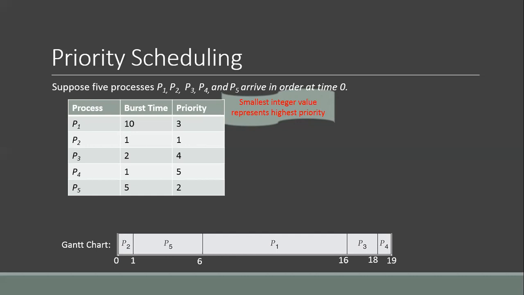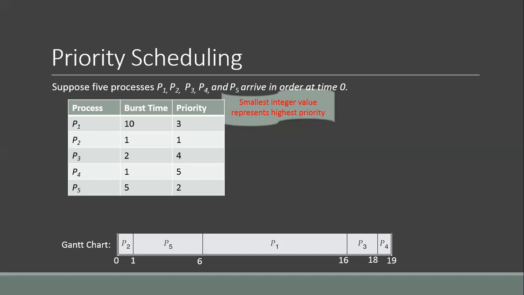Among these 5 processes, P2 has the highest priority because its priority number is 1, and 1 means the highest priority. So this process will be selected and start running on the processor.